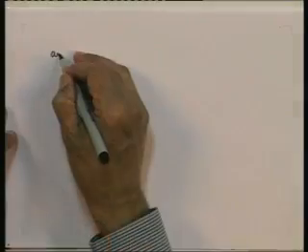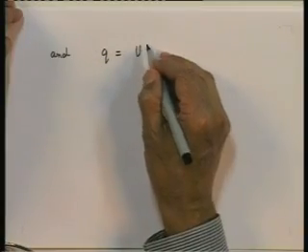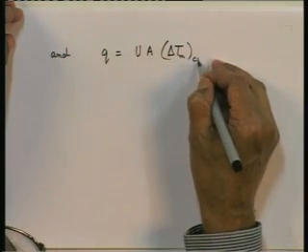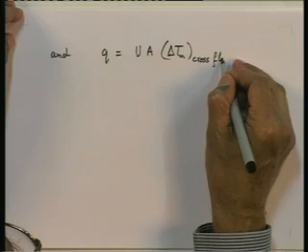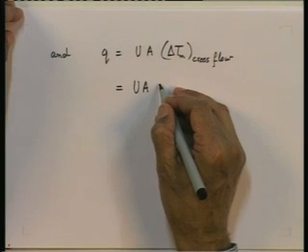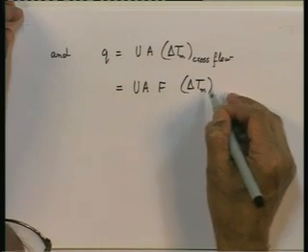And with this definition of f, if we are to calculate q for a cross flow arrangement, q for a cross flow arrangement is equal to UA delta Tm cross flow, which with the definition of f is equal to UA f delta Tm counter flow.